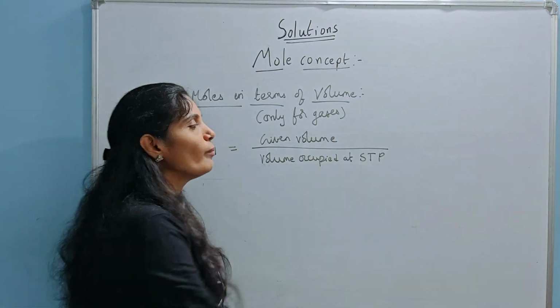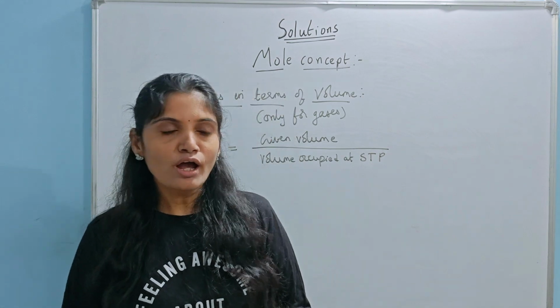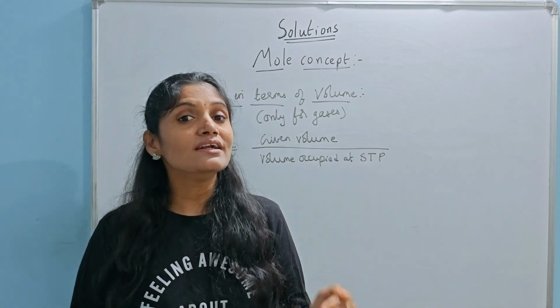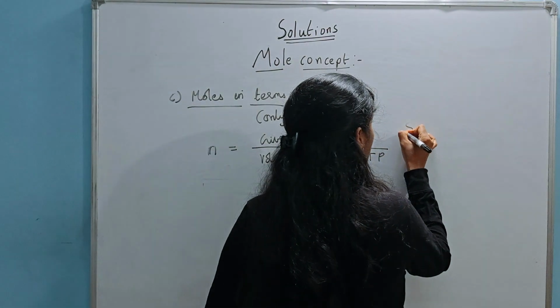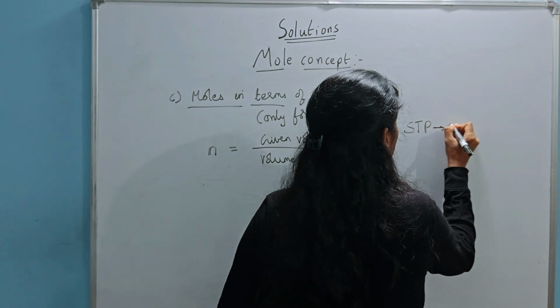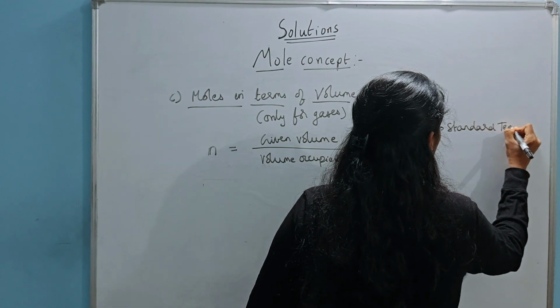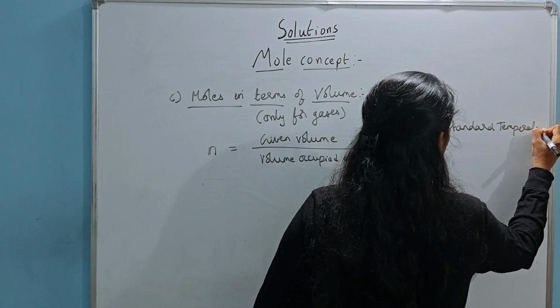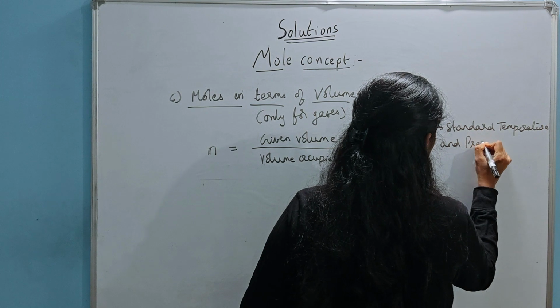When I say volume occupied at STP, take any gas, for example oxygen gas. Before that, let me give you clarity on what STP is in chemistry. It is standard temperature and pressure.